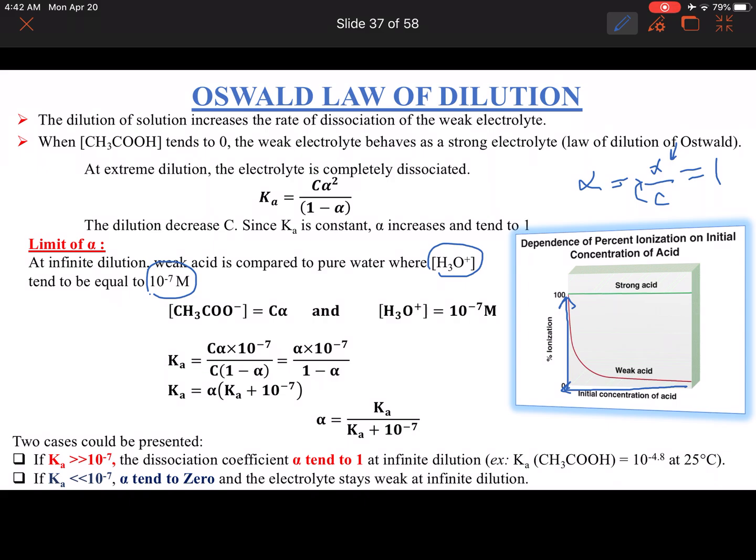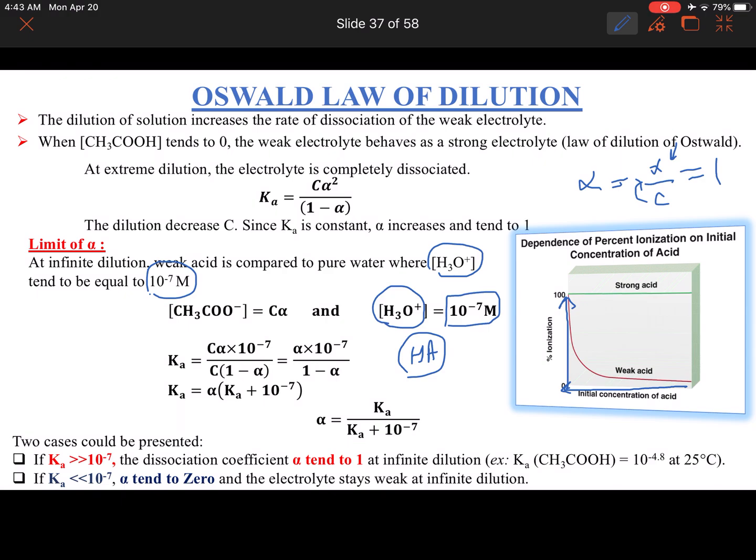And what it's saying is, as I infinitely dilute the system, at infinite dilution, that means that my HA concentration is negligible relative to pure water, right? Only water exists at this point, and therefore, my H3O plus will be mainly coming from water, which you remember is 10 to the minus 7.